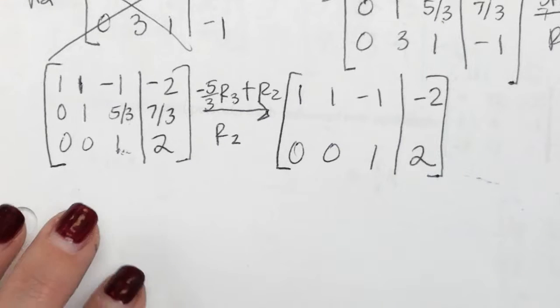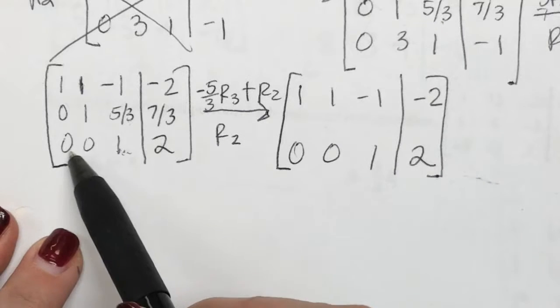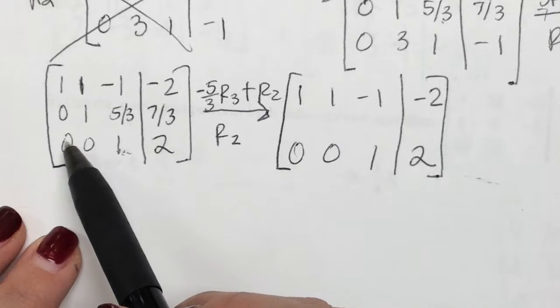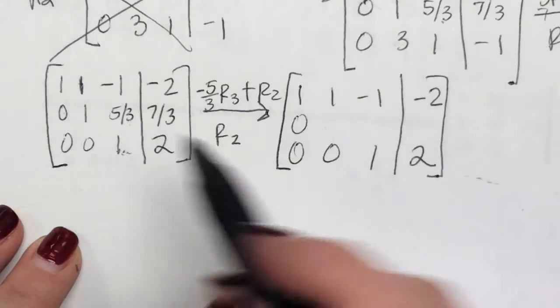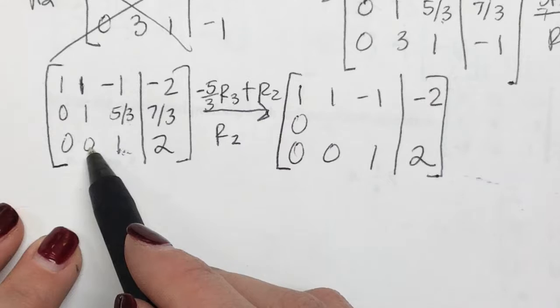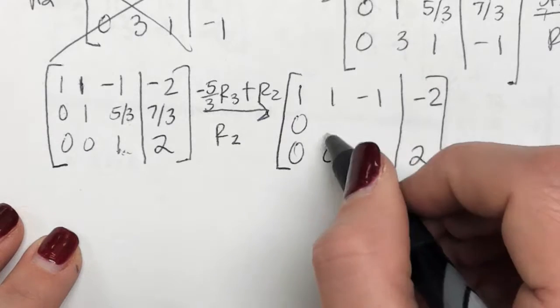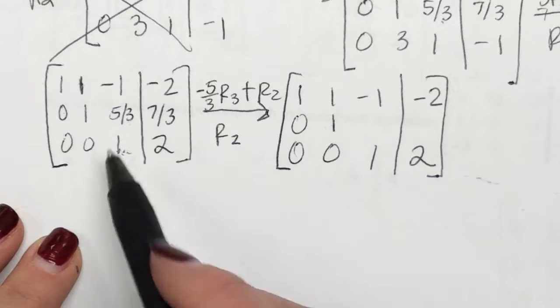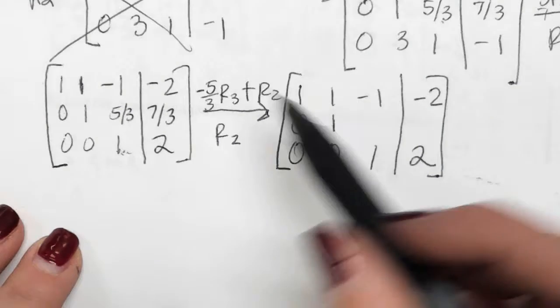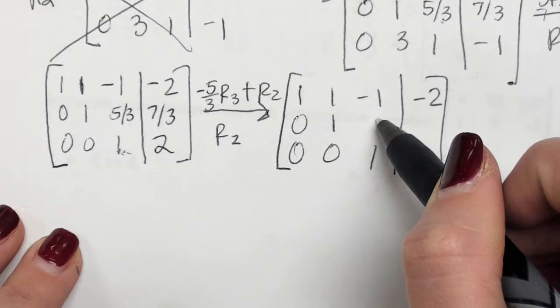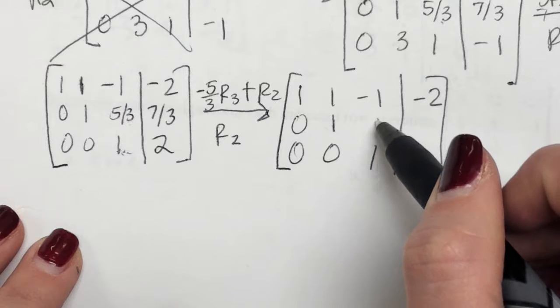Alright, let's get to work. This times negative 5 over 3 plus 0. This times negative 5 over 3 plus 1. Good. This times negative 5 over 3 plus this. What's going to be right here?